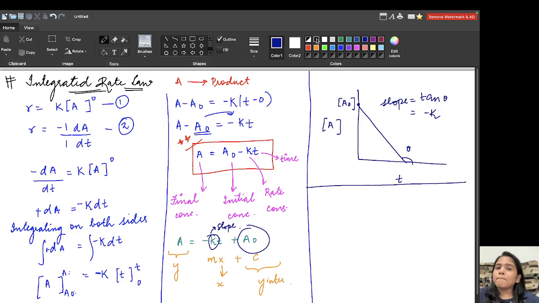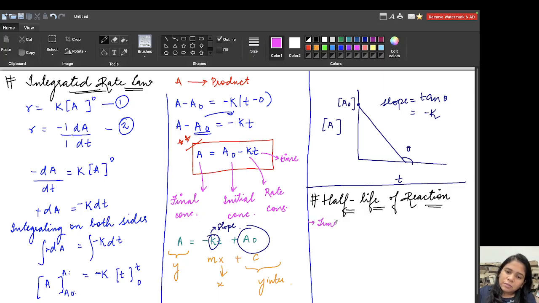What is half-life? By the name only, it is pretty understandable that half-life of the reaction means the time in which the reaction completes 50%, that is, whenever your concentration becomes half.